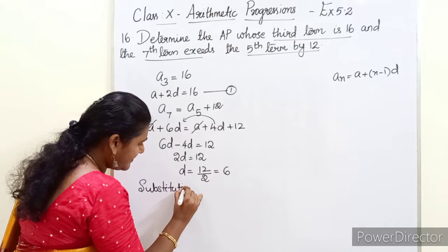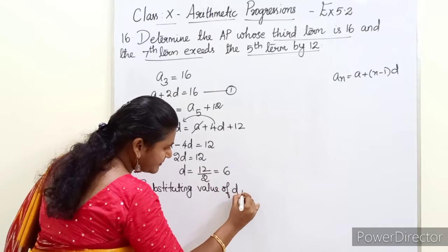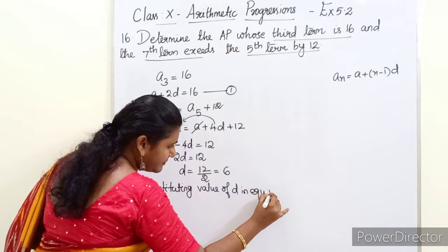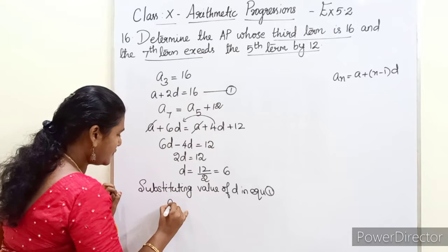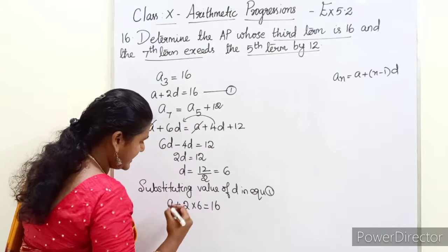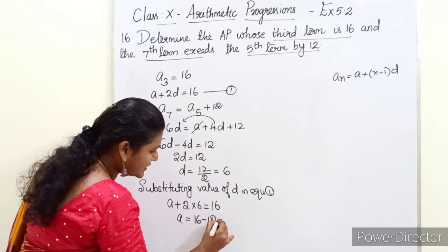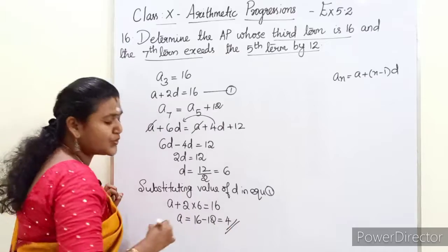So A plus 2 into 6 is equal to 16, that is A is equal to 16 minus 12. So the value of A is 4.